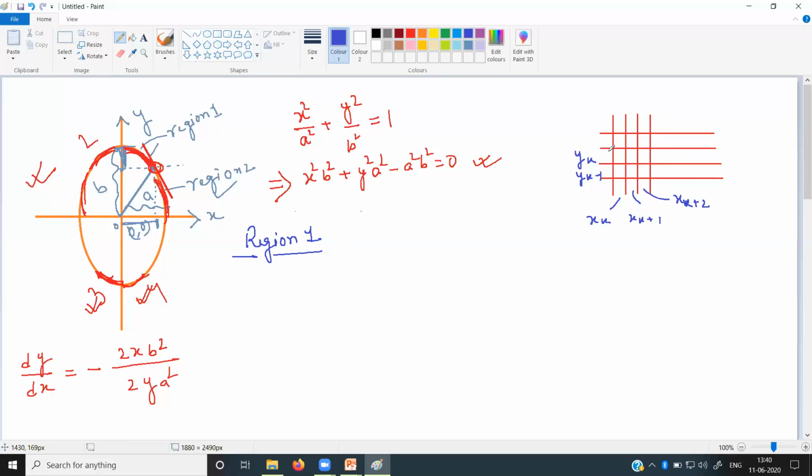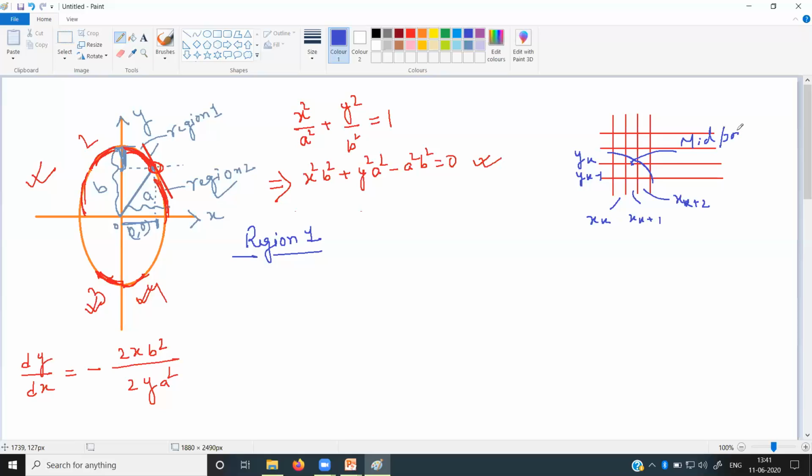If there is a curve which is passing like that, this is the midpoint.